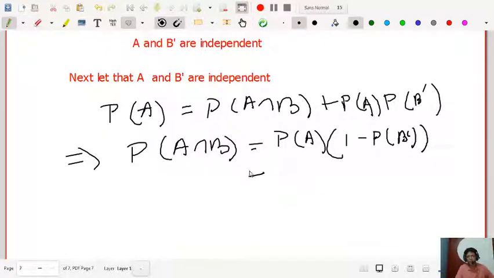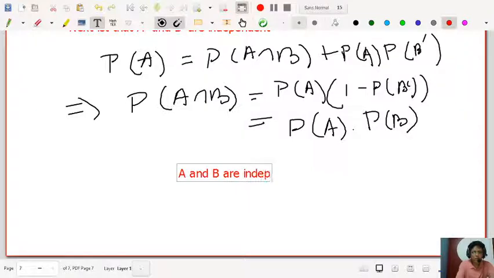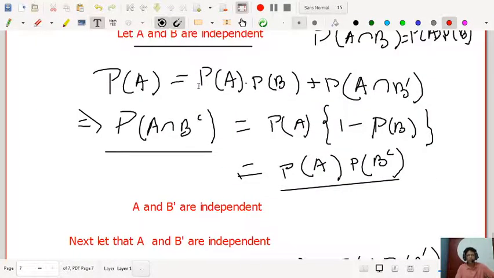And 1 minus probability of B complement is nothing but your probability of B. So finally this proves that the events A and B are independent.